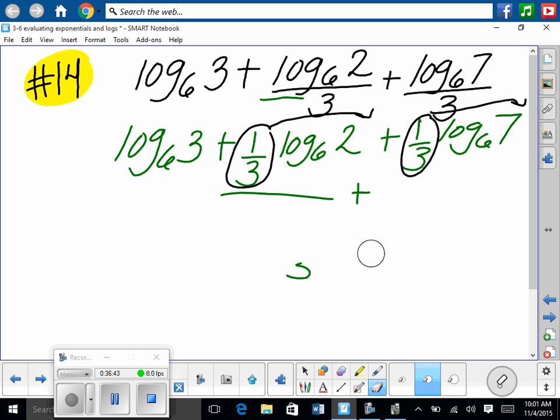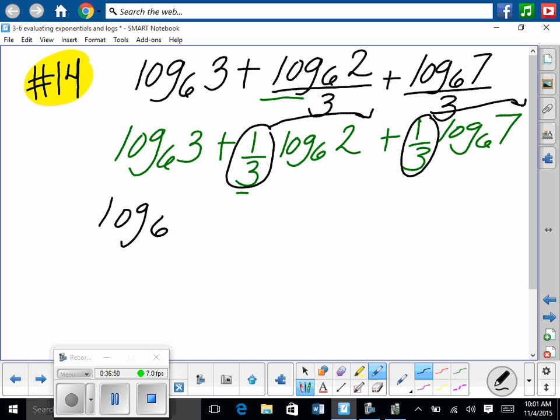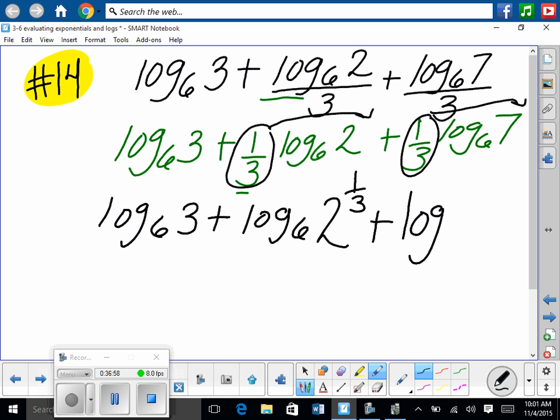Okay, you're doing good. Almost there. So then we would have log to the base 6 of 3 plus log to the base 6 of 2 raised to the 1/3 power plus log to the base 6 of 7 raised to the 1/3 power.